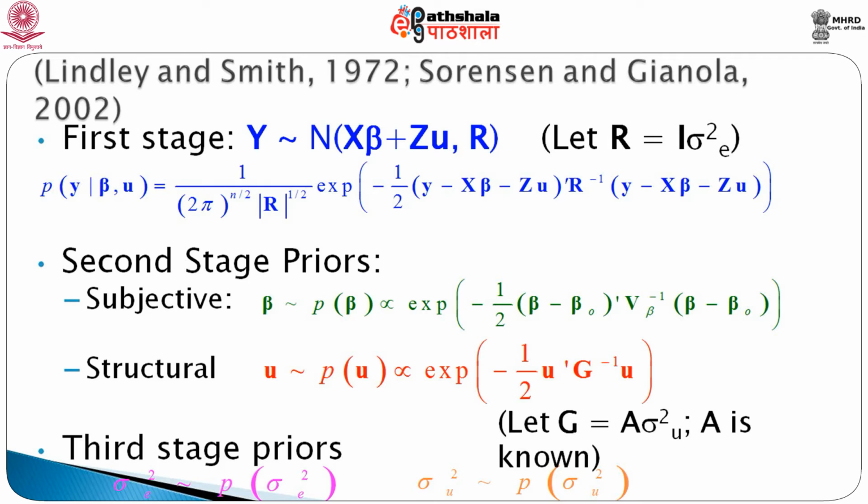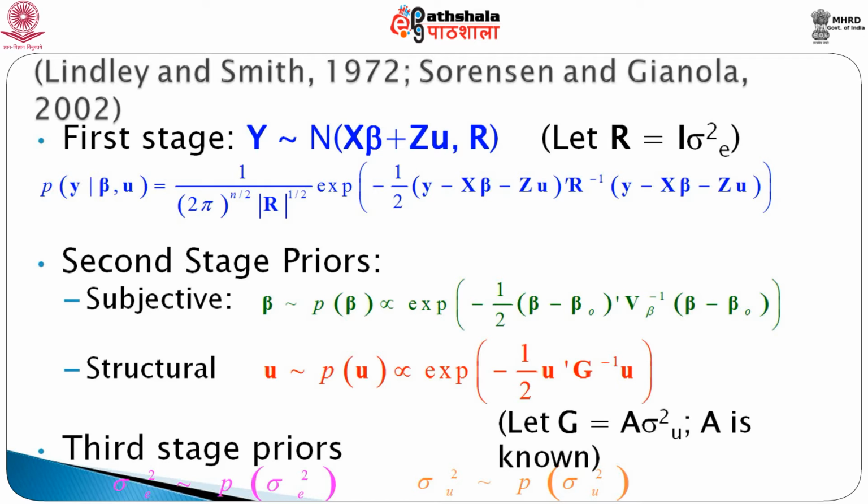Go for the second stage where you define the prior. The subjective prior is p(beta), which is beta follows normal with mean beta naught and dispersion matrix V_beta. The question arises about the choice of beta naught and V_beta. We assume that these are all known, so subjectivity already arises there.